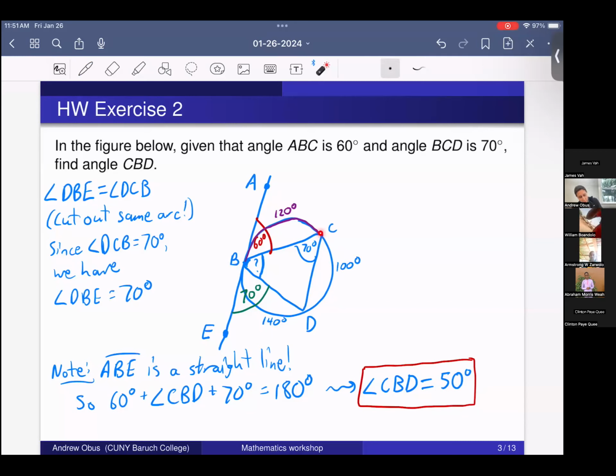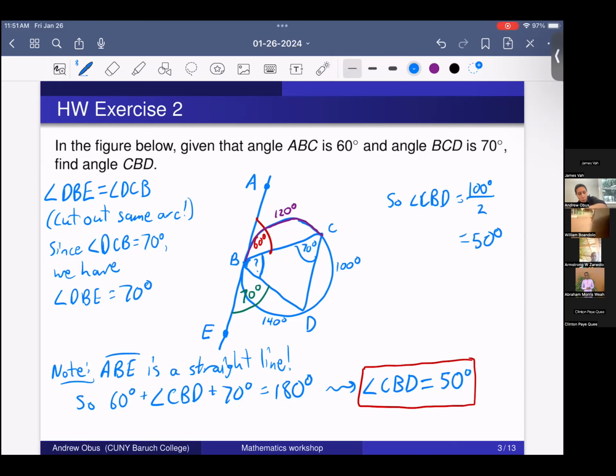And then if I know that this arc is 100 degrees, that means that this angle right here has to be half that. So angle CBD is equal to 100 degrees divided by 2, which is equal to 50 degrees. Okay, so this is just a different solution.